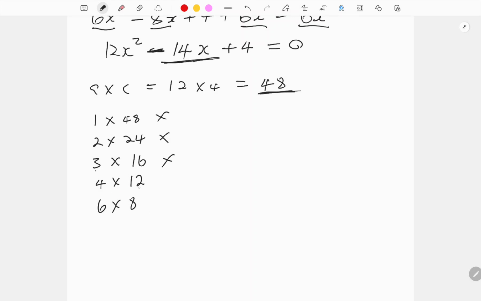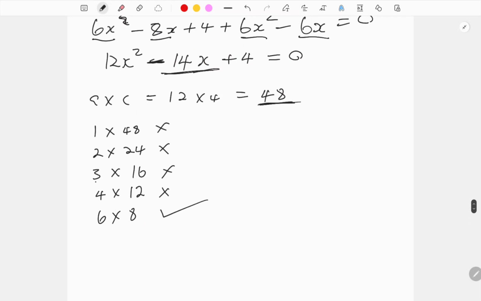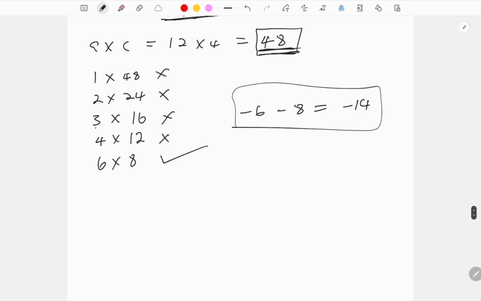And 4 and 12, almost as well. 6 and 8, yes, we can use these ones. Because when you multiply 6 and 8, you get 48. And when you take minus 6 and minus 8, that gives us minus 14. So that's good. You can take this one.